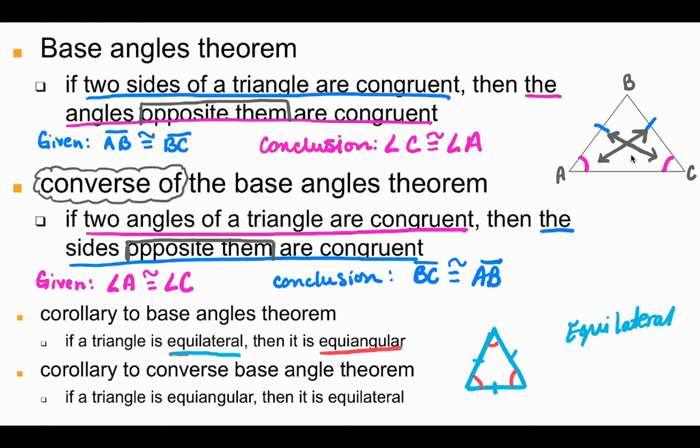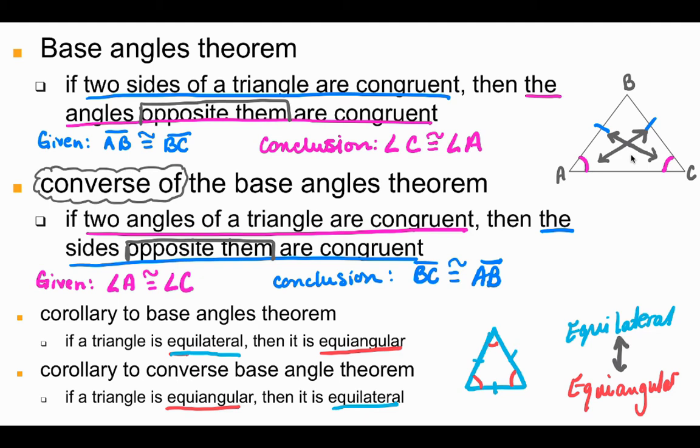And when all of the angles are the same, it is equiangular. And if we go with the converse, we start out with the equiangular and we end up with the equilateral. So you cannot have equilateral without equiangular, and you can't have equiangular without equilateral.